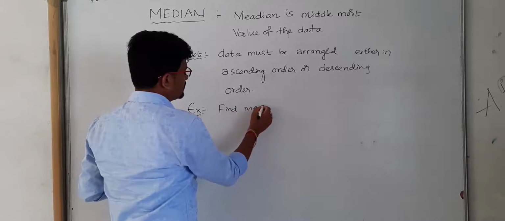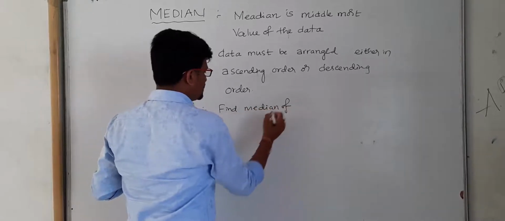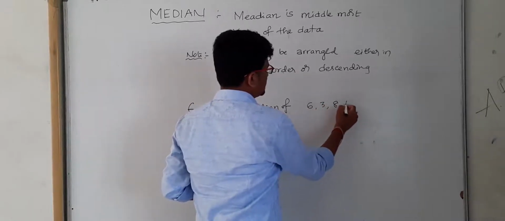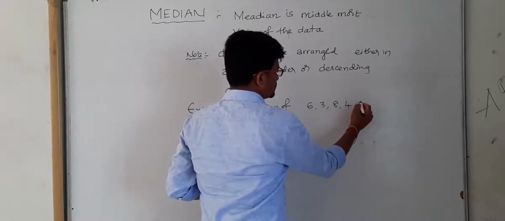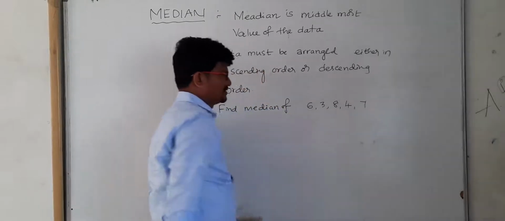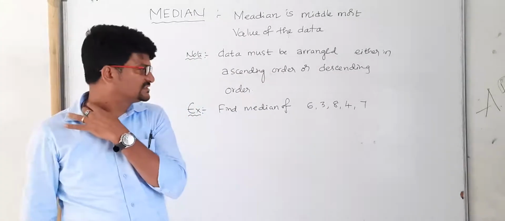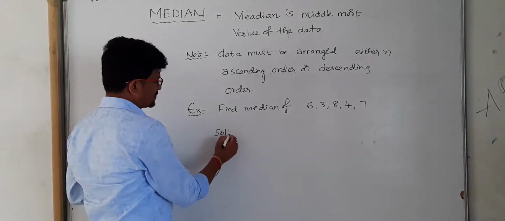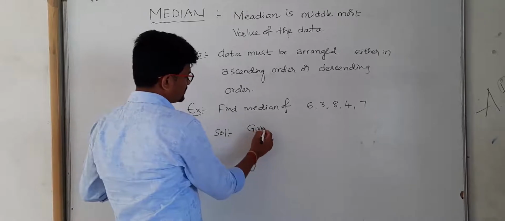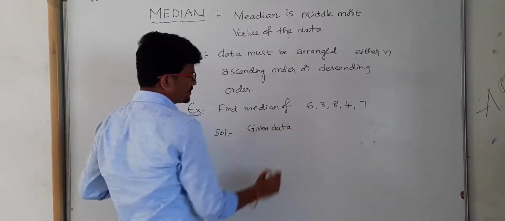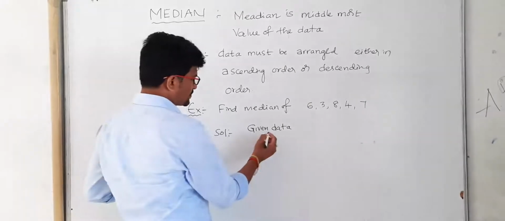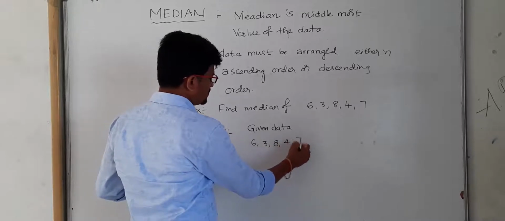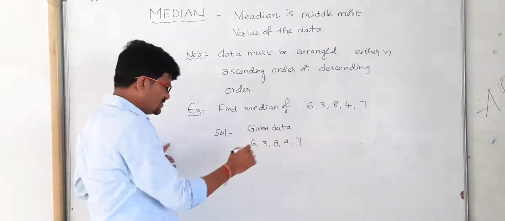Now, one example. Find the median of 6, 3, 8, 4, 7. Clear, children? Now, solution. What is the given data? 6, 3, 8, 4, 7. Now arrange this data into ascending order.